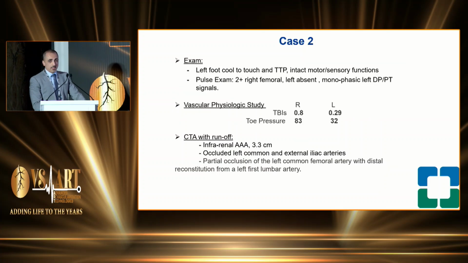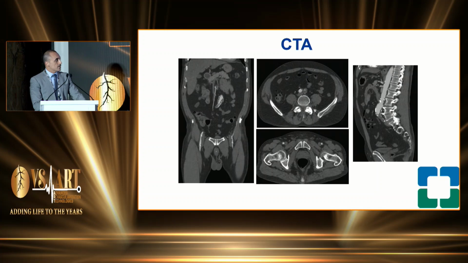On exam, he had a pulseless left femoral artery, again with monophasic signals and depressed physiologic studies. So we obtained a CT scan. The CT scan showed a small AAA measuring 3.3 centimeters with occluded left common iliac and external iliac artery. Again, a severely stenotic near-occluded left common femoral artery.